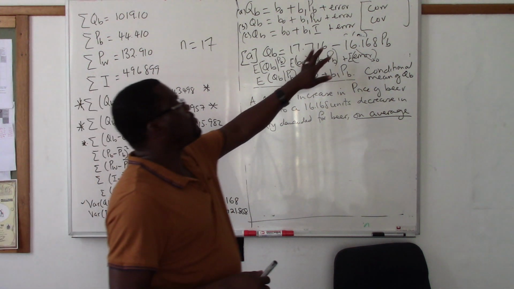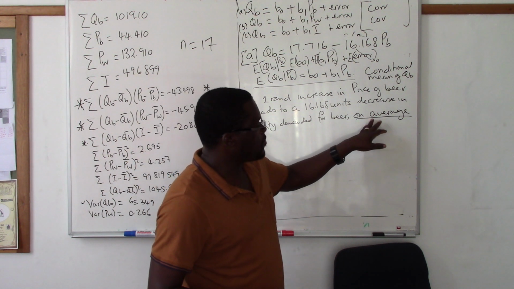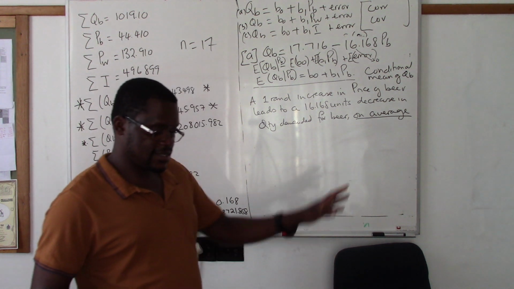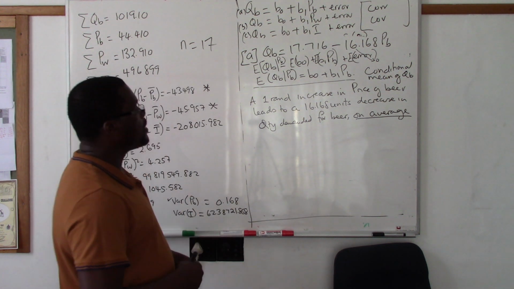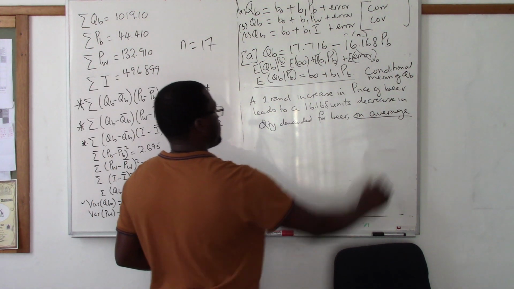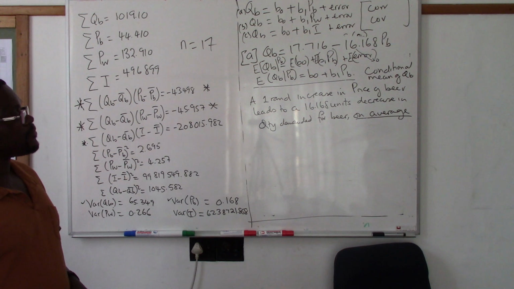If we were using more than 2 explanatory variables, then in addition to on average, we would also have ceteris paribus, that is other things being equal. But because this is just a bivariate regression, on average is the most important thing to mention there.